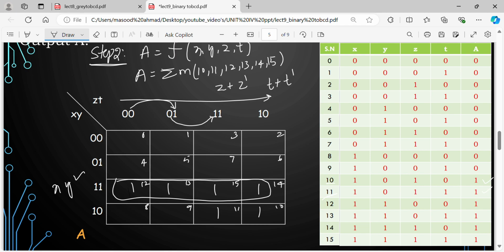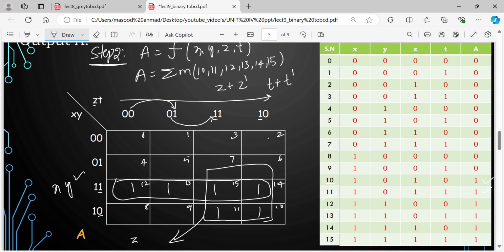What about these 4? Can I combine these 4? For sure I can. So what is the expression for this? If you look here, what is constant? Here this is 1 and this is also 1. What is that? That is z. So write z. And what about this in these 2? 1 0 is changing, so it will not come into the picture, which is y.